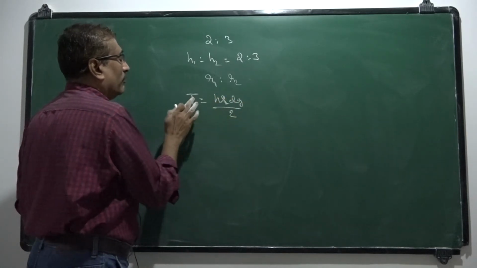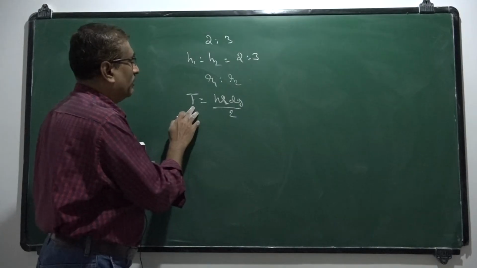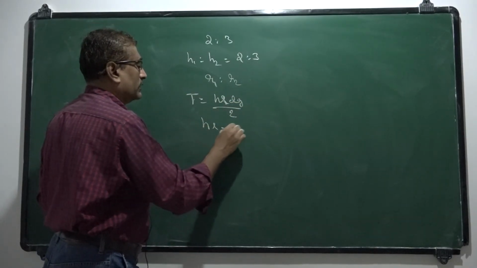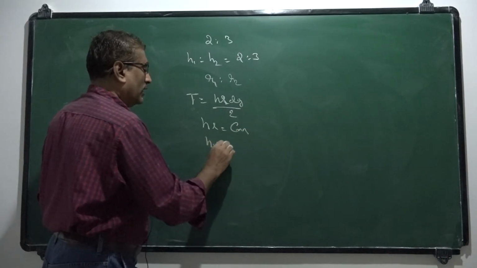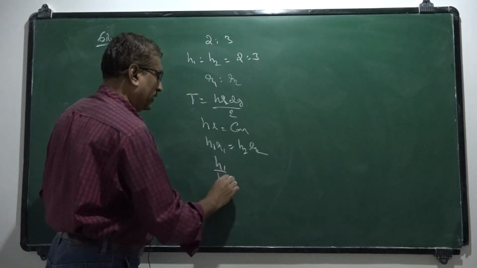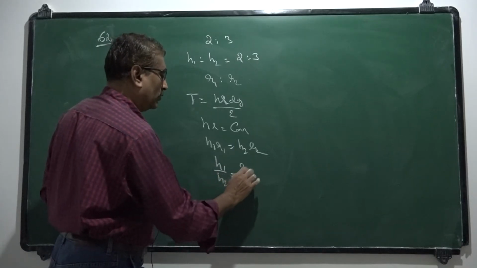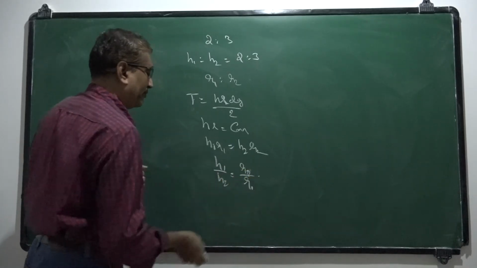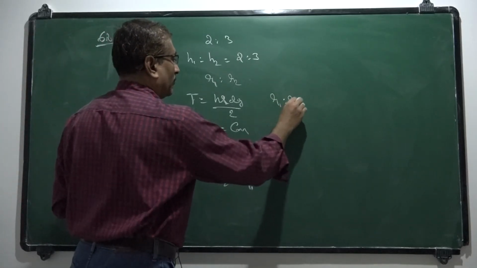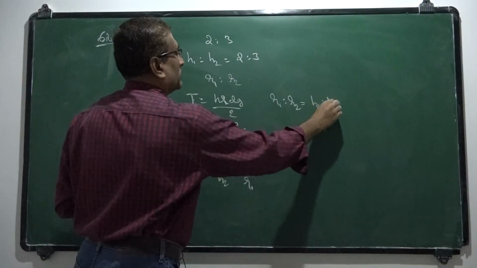So when the liquid is same, T is constant, d is constant, g is constant. So h r is constant. So h1 r1 is equal to h2 r2. From this, h1 by h2 is equal to r2 by r1. So r1 by r2 is h2 is to h1, that is 3 is to 2.